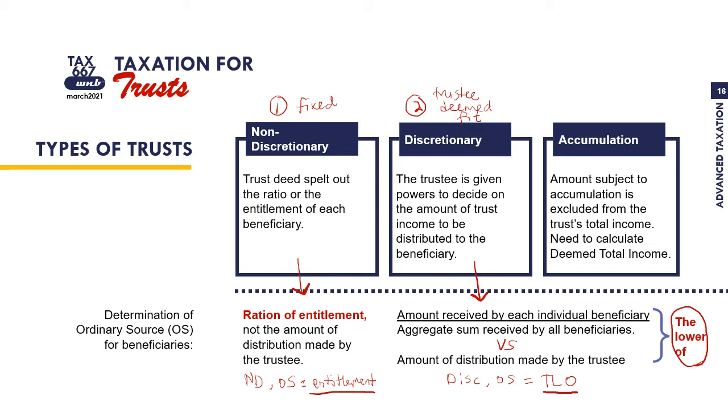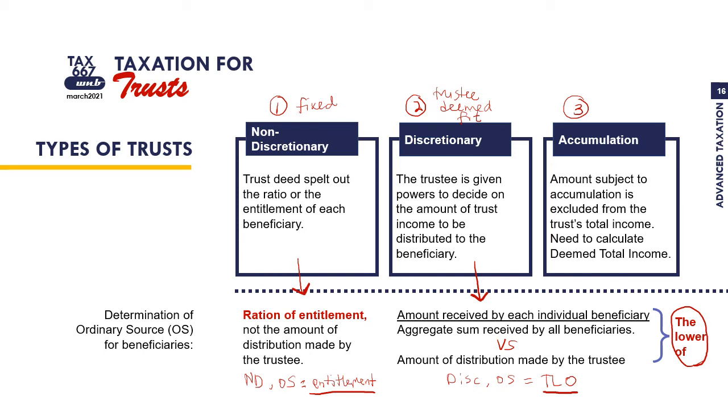Alright, the third type of trust here is the accumulation trust. Here they will mention in the trust deed that some amount will be set aside until the beneficiaries reach some age limit.